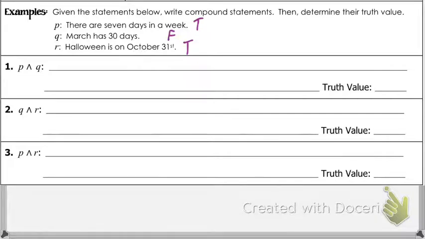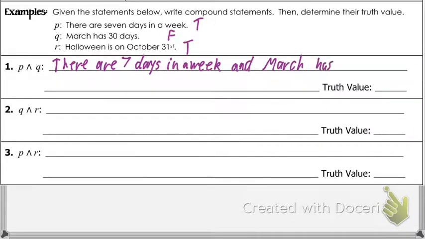If I said, what is P and Q, how would I combine those? I'm just going to write it out. There's going to be a lot of writing. There are 7 days in a week, and remember, this means and, March has 30 days. Now, those might be unrelated, right?